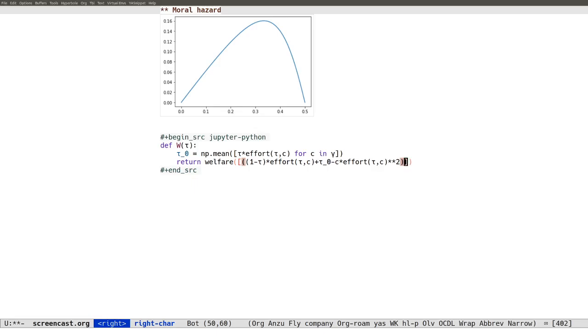So we need to square that effort term for c in gamma.